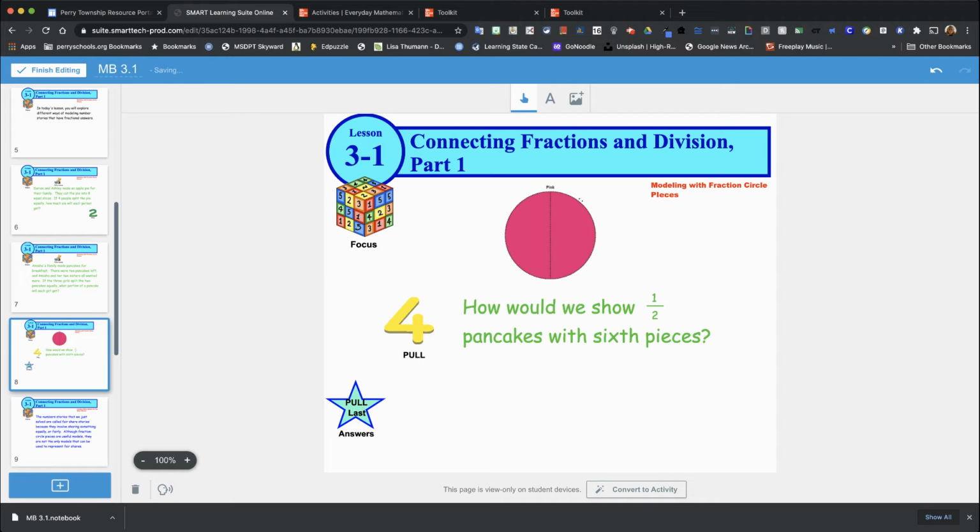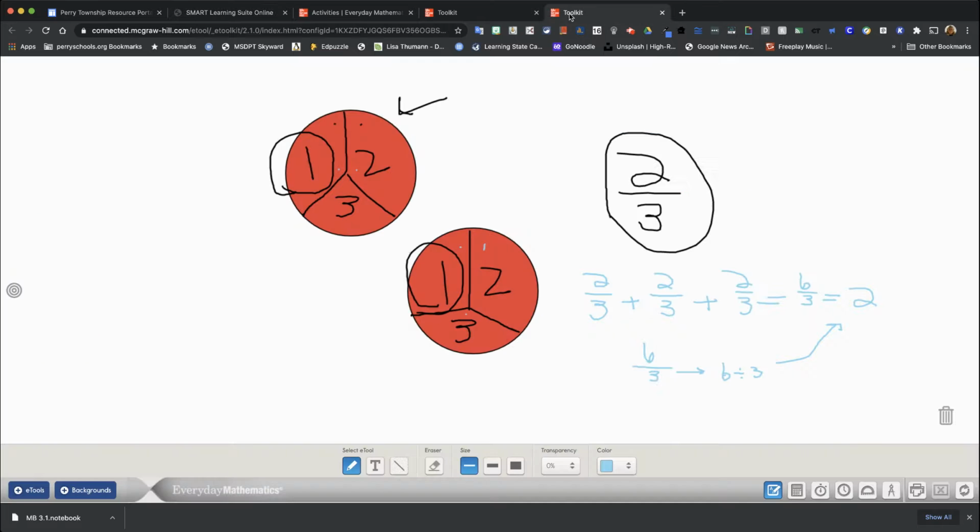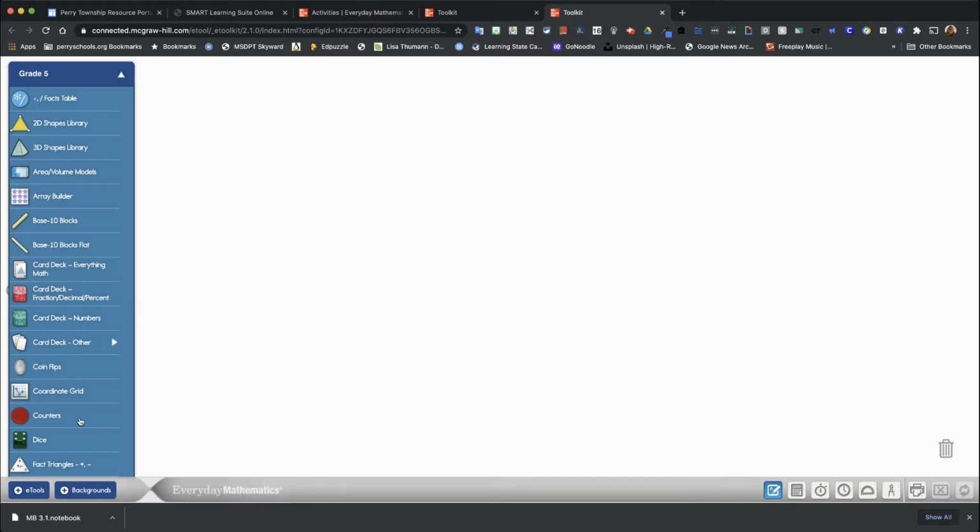So if we have a half of a pancake, we see that we would split this in half. We want to know how would we do that with sixth pieces. So I want to show you what we would do here.